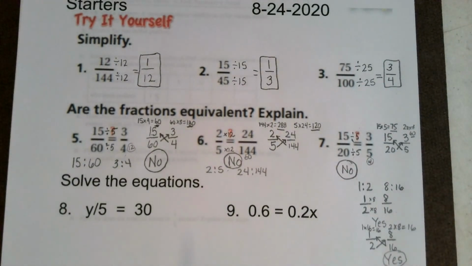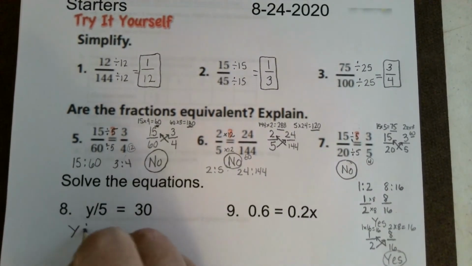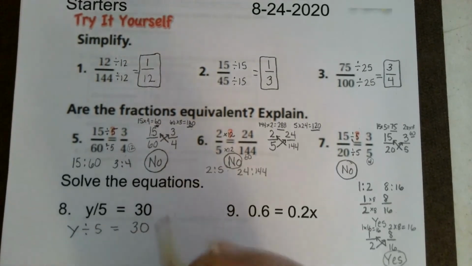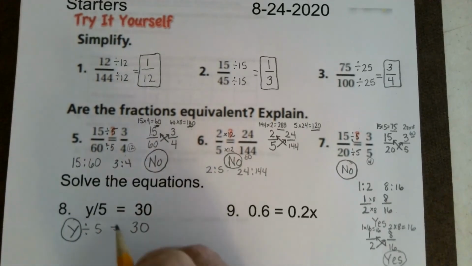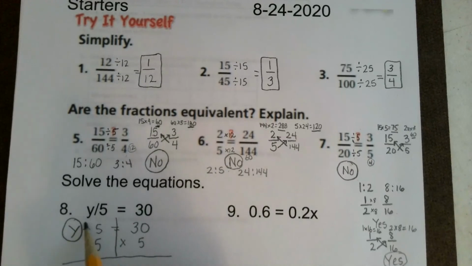Okay, and then we've got a review of the equations. So remember that y over 5 means y divided by 5 equals 30. We're going to circle that y. That's what we're trying to figure out, what it equals. The opposite, the thing that's with the y, is dividing by 5. So we're going to do the opposite and multiply by 5. These two things will cancel each other out.